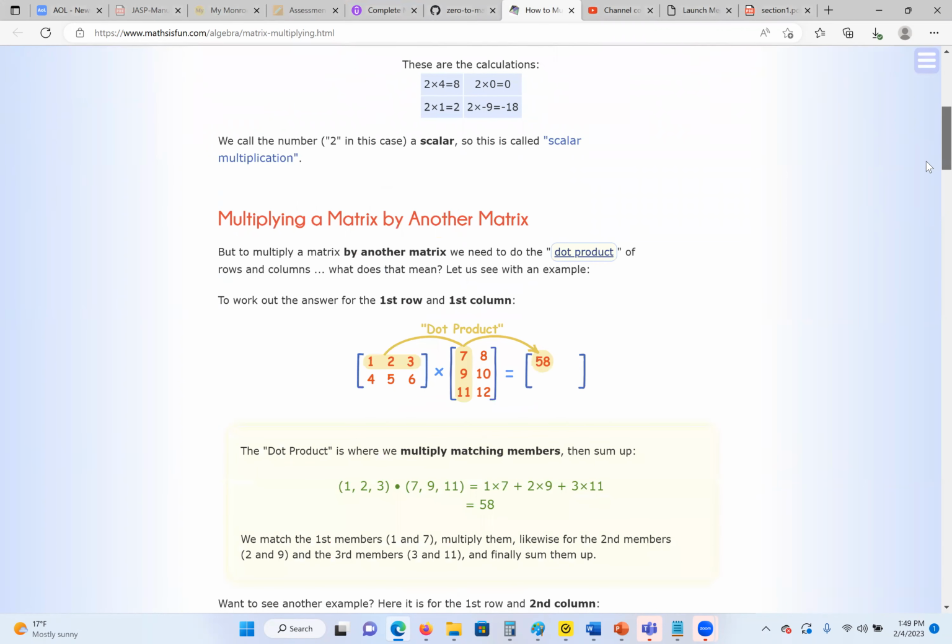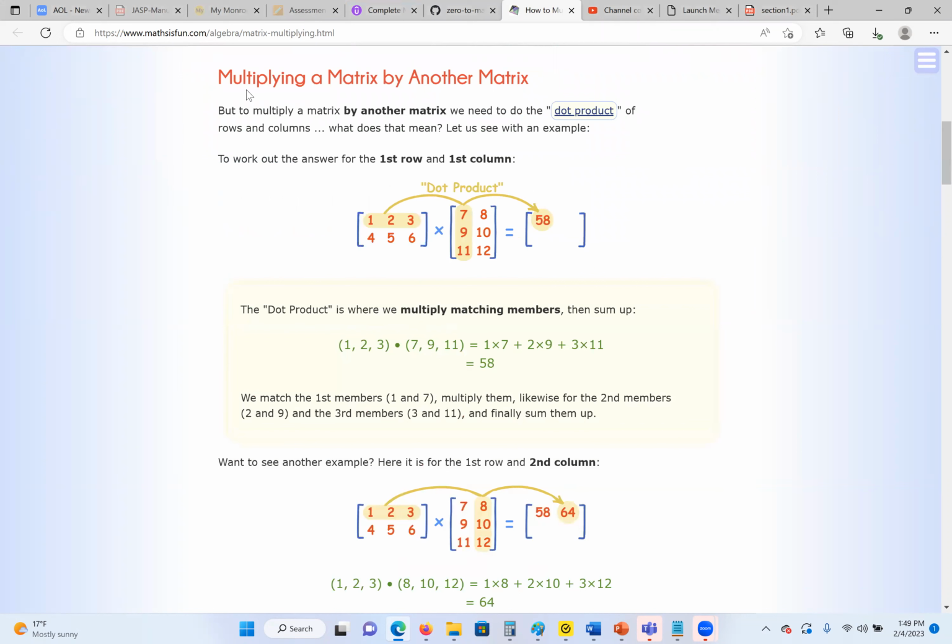Now, the next section, which is our main objective in this lecture, is how do we multiply 2 matrices together? How do we multiply a matrix by another matrix? Now we have one condition. The number of columns of the first matrix on my left should be equal to the number of rows in the matrix to my right.